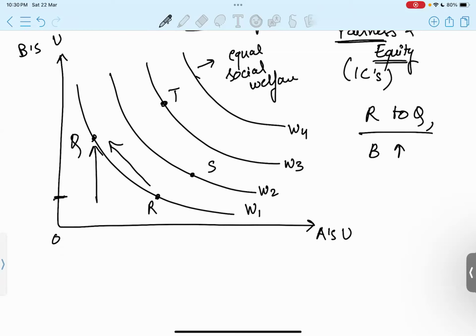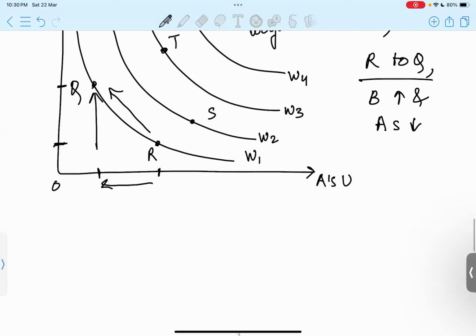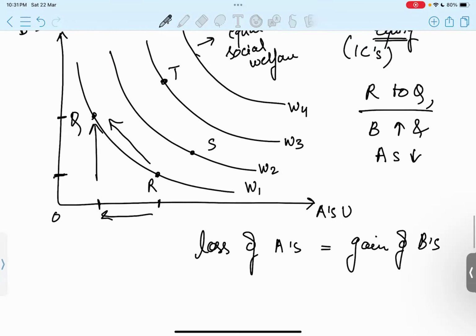Initially B's utility was this, now it is reaching this level. But there's a decline in A's utility up till here. A's utility declines, but because we are on the same curve, the overall social welfare remains the same. The loss of A's utility is equal to the gain of B's utility, because we are on the same social welfare curve.